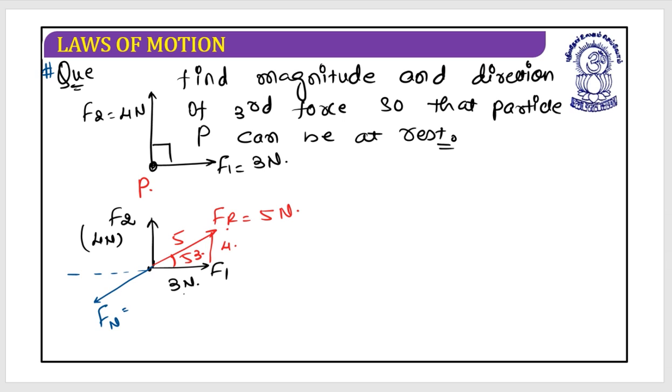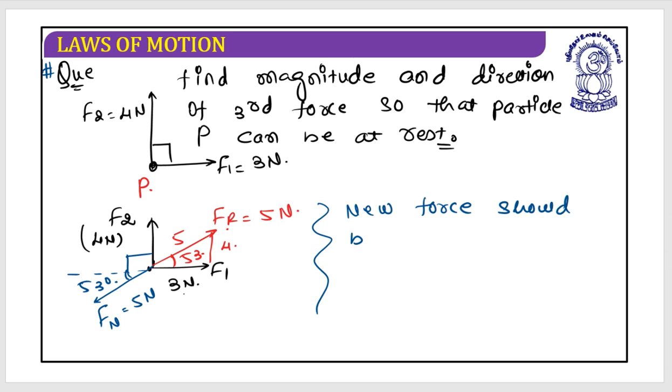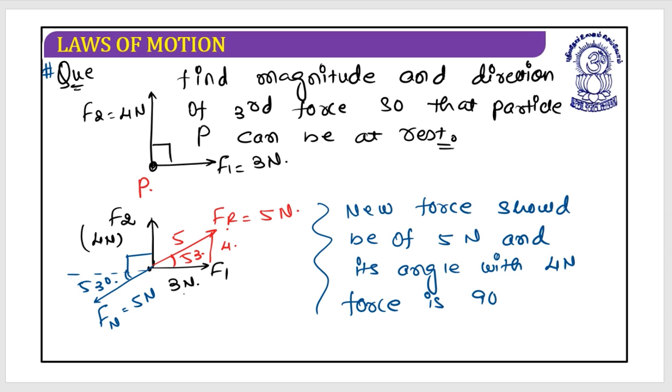This F new should be equal to 5 Newton, and it makes an angle of 53 here, and from here it's 90 degrees. So the new force should be of 5 Newton, and its angle with the 4 Newton force is 90 degrees plus 53, which is 143 degrees. I hope this is clear. Is it clear?